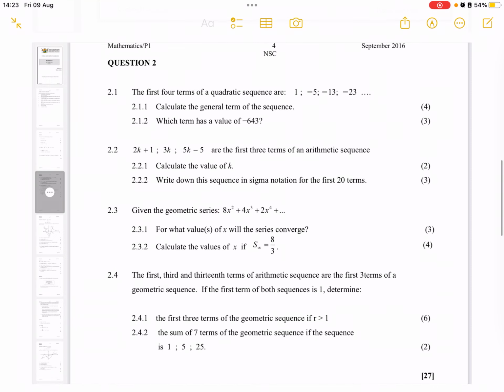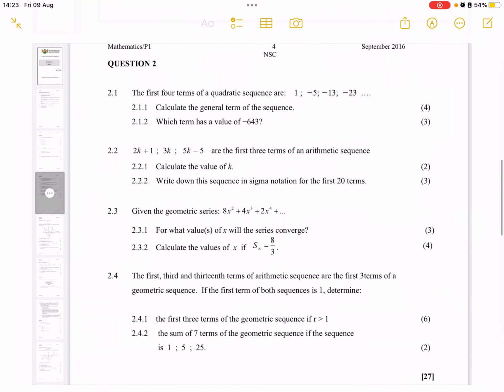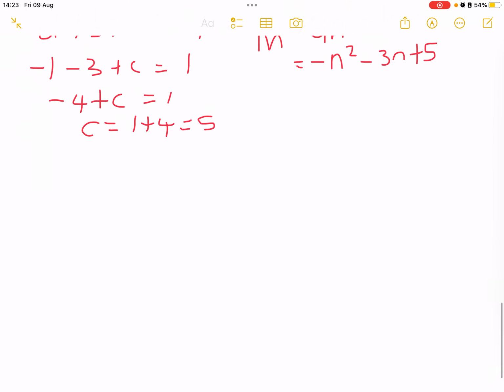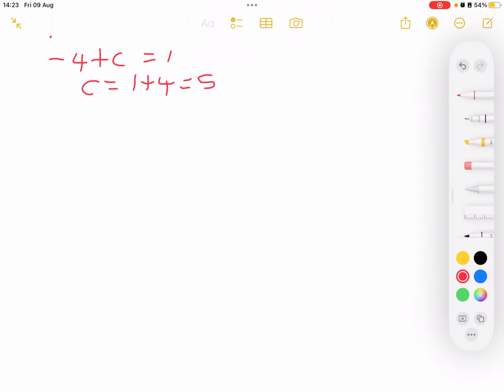It says which term has a value of -643. Now 2.1.2. Which term, Tn, which term number has a value of negative 643?